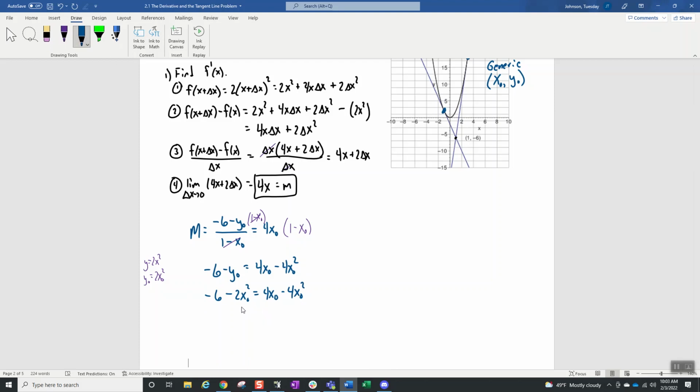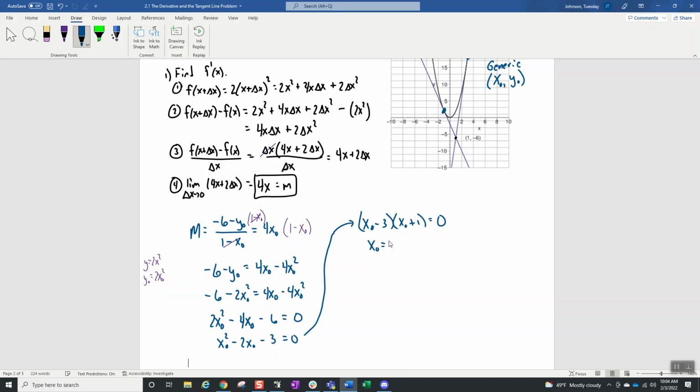Alright, so I'm going to add 4x sub 0 to this side. We'll have 2x sub 0 squared minus 4x sub 0 minus 6 equals 0. I'm going to factor out a 2. And I find that x sub 0 minus 3 times x sub 0 plus 1 equals 0.